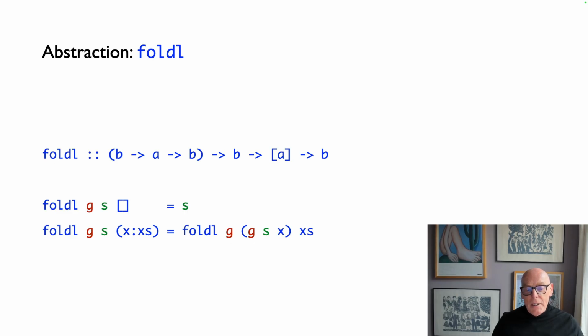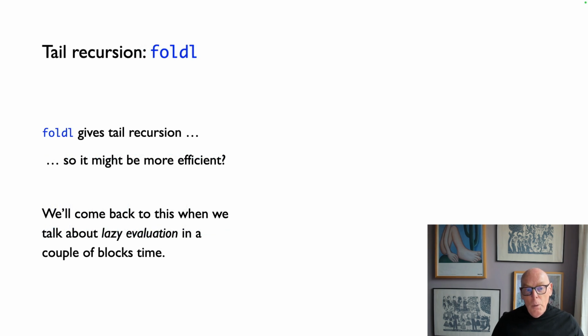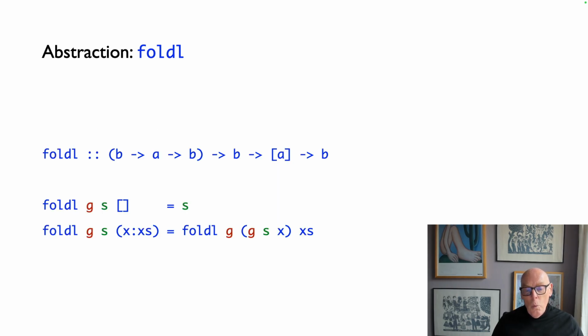The folklore is that tail recursion is better. It's more like an imperative loop. We know that it is like an imperative loop, but is it really more efficient? Well, we'll come back to that in a couple of blocks' time when we talk about lazy evaluation, which is how evaluation works in Haskell. But certainly, whatever the case, foldl is the function that represents tail recursion in the same way that foldr represents primitive recursion.